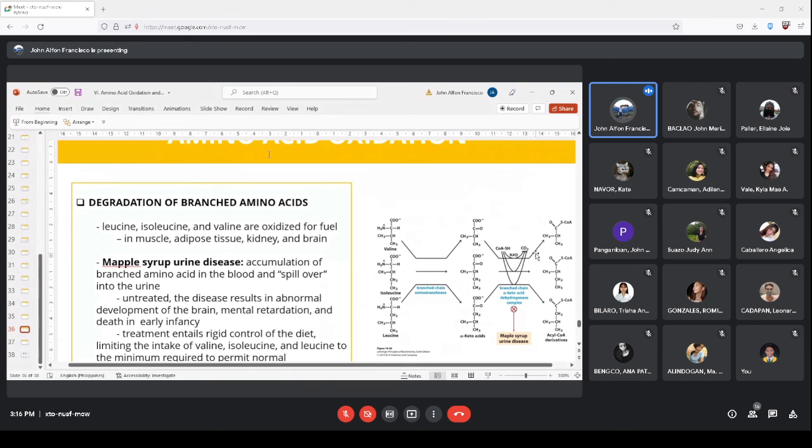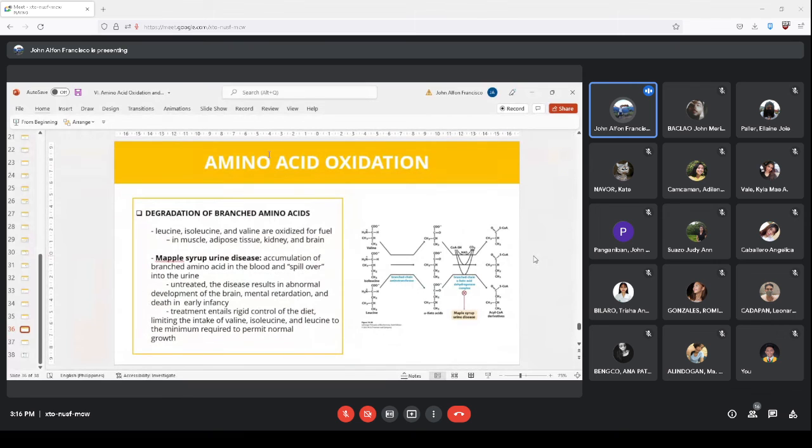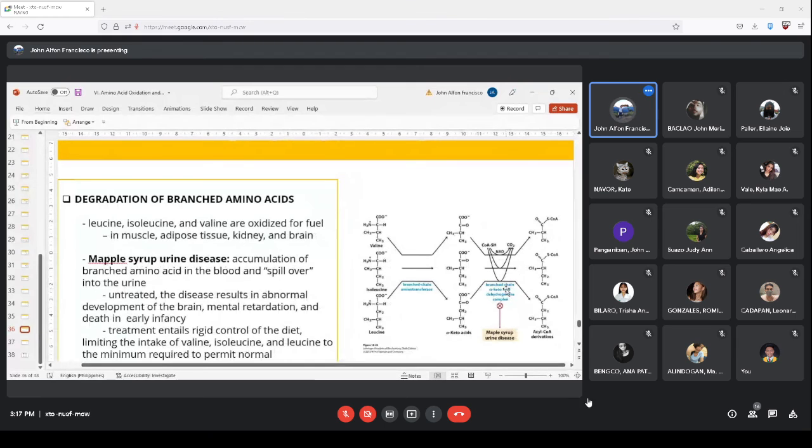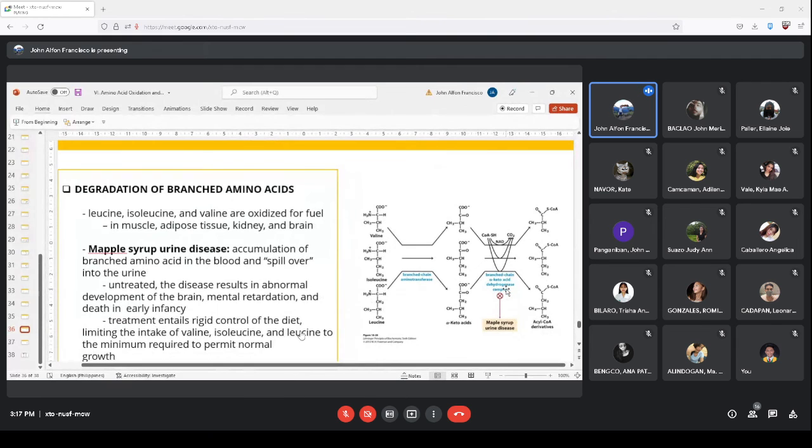Leucine, isoleucine, and valine are oxidized for fuel. These are the branched-chain amino acids. We have encountered them earlier. And we just have to highlight here that there are certain diseases correlated with the conversion of these branched-chain amino acids.